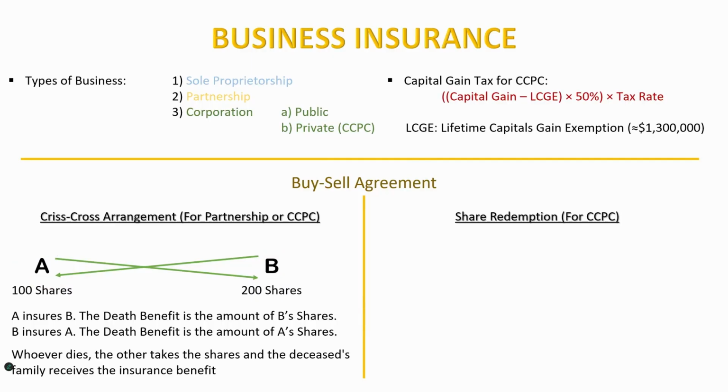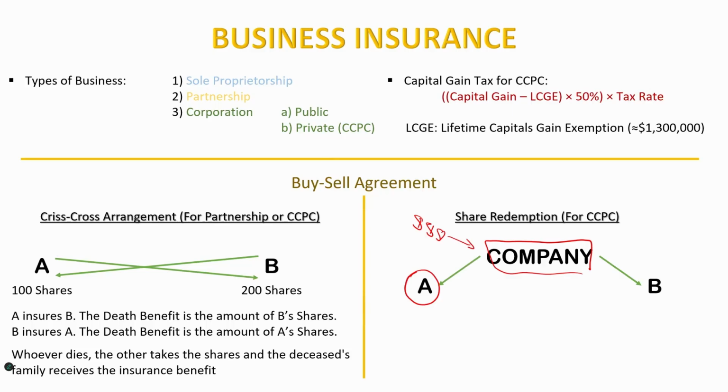But over here in share redemption, the policy owner is going to be the company, and the company is going to insure A and B. So if A dies, what happens? The policy owner is the company, the beneficiary is the company as well. So the money, the death benefit, is going to go to the corporation. There's another difference as well. In crisscross, if A died, now B has 300 shares, right?